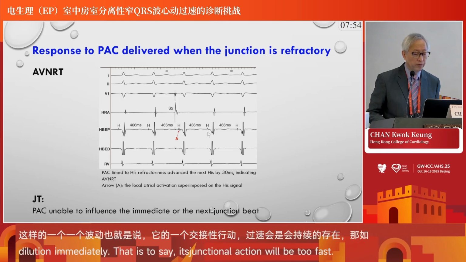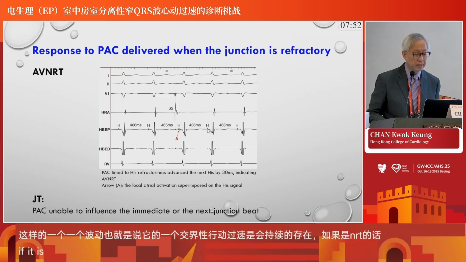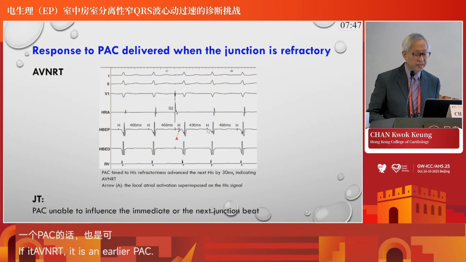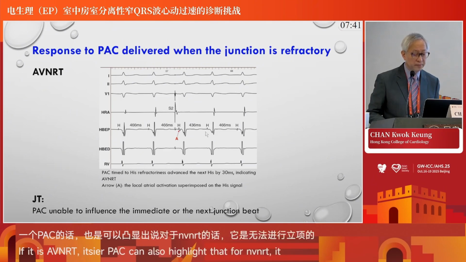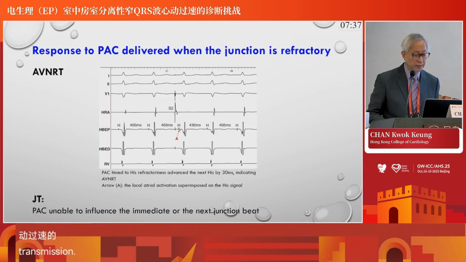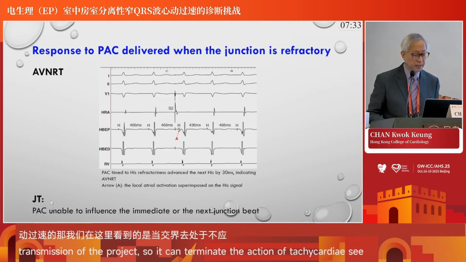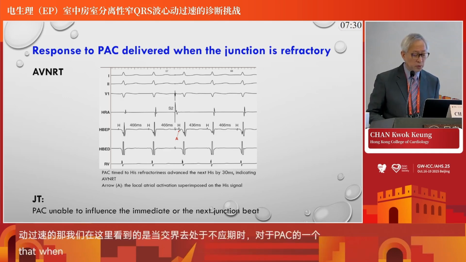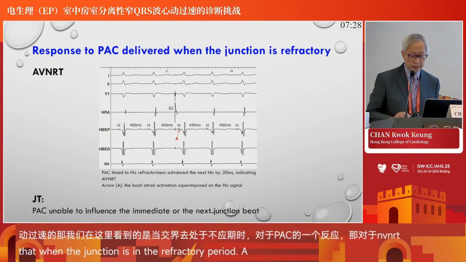So when we measure the next His, it is pulled in. So the PAC delivered during His refractoriness can advance the next His, in this case by 30 milliseconds, indicating that it is AVNRT. But for junctional tachycardia, as depicted previously, the PAC is unable to influence the immediate or the next junctional beat.